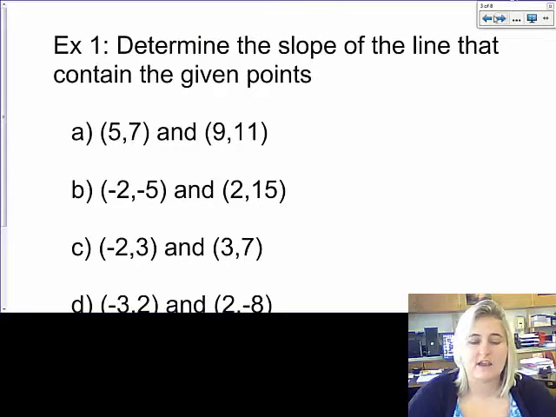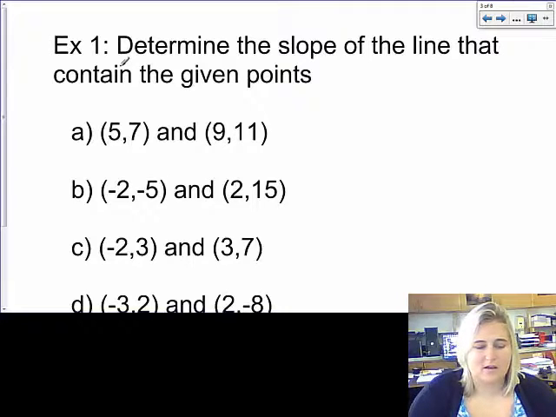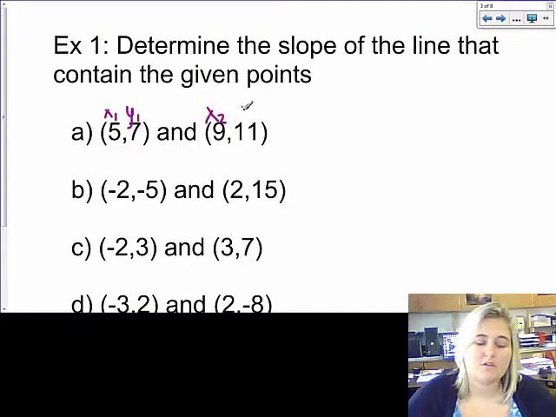So it wants to determine the slope of the line that contains the given points. On each of these, they're giving me x sub 1, y sub 1, and x sub 2, y sub 2.